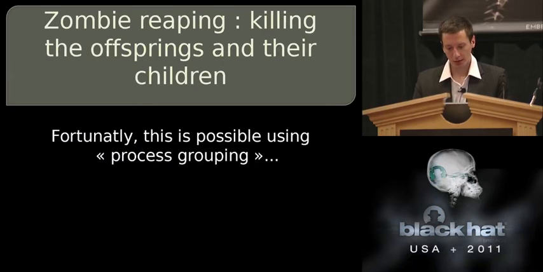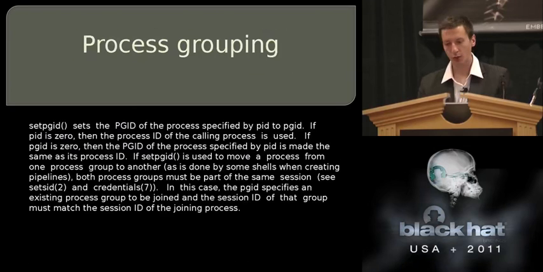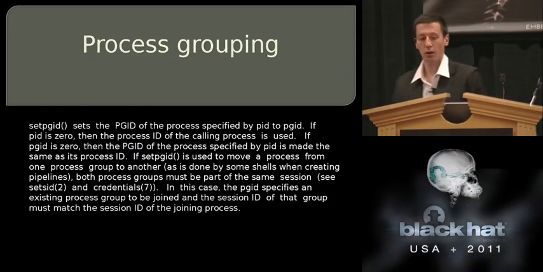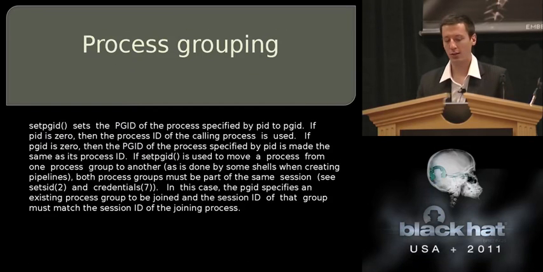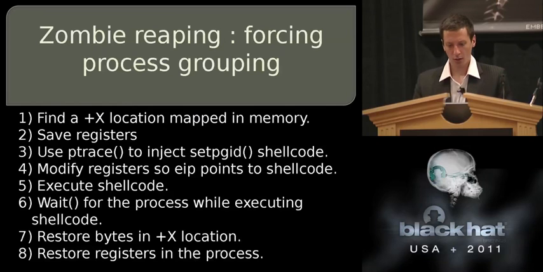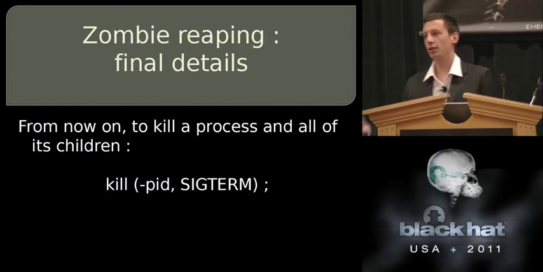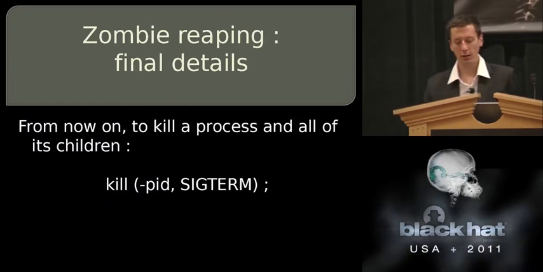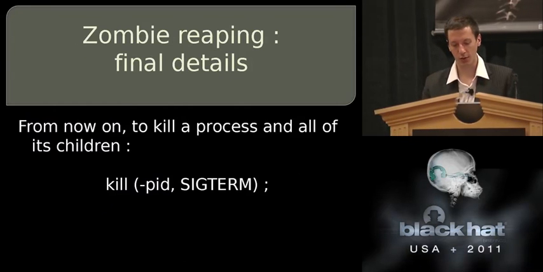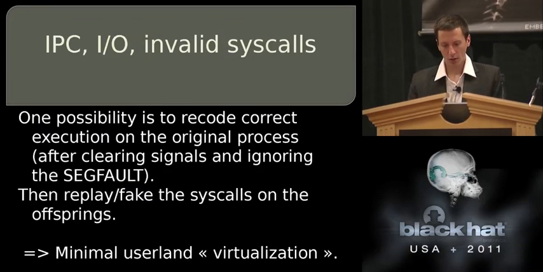To kill all the zombies, we use something called process grouping. Maybe it's not too well known, but it's a standard Linux system call. The methodology is exactly the same as injecting the fork shellcode, only we inject a different shellcode.